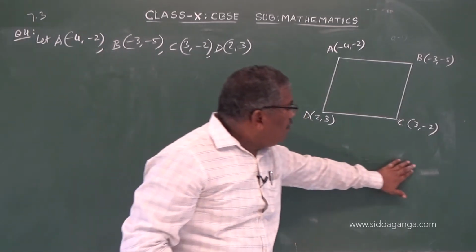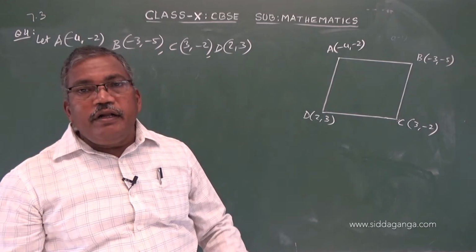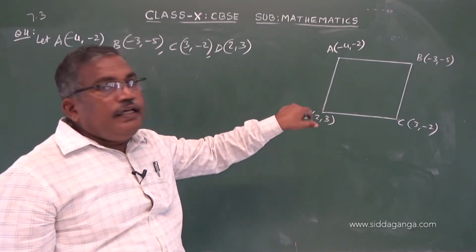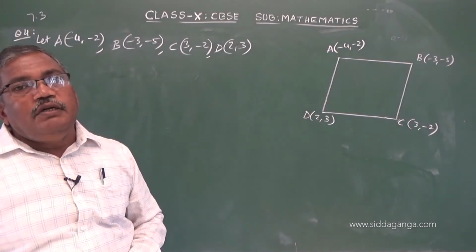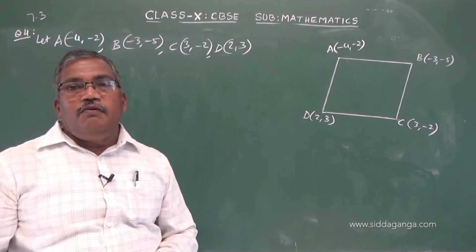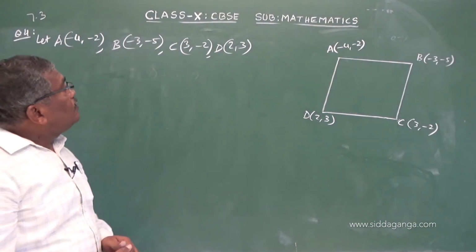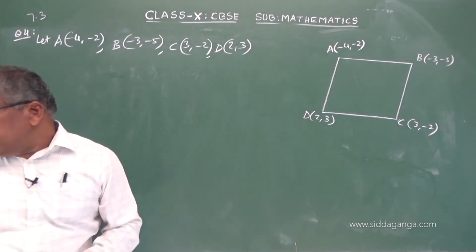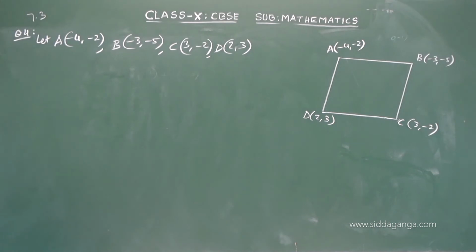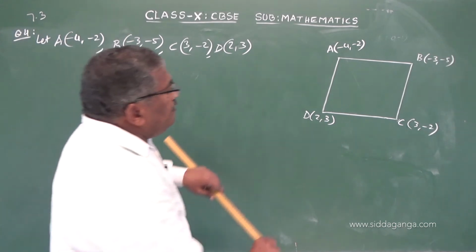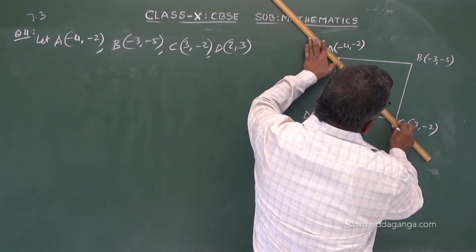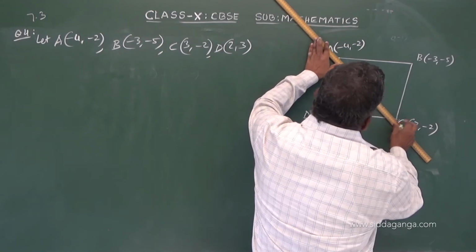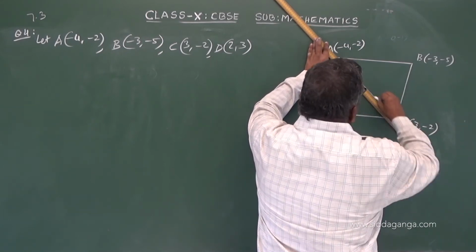See, we have a formula for finding a triangle's area, and we don't have any formula for finding a quadrilateral's area in coordinate geometry so far, whatever we have learned. So now what we have to do is join one of the diagonals like this. You can join AC.